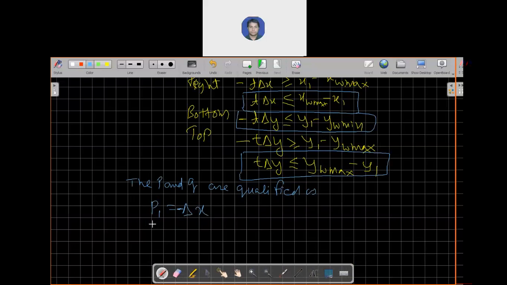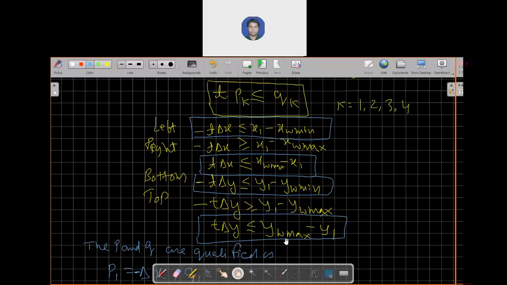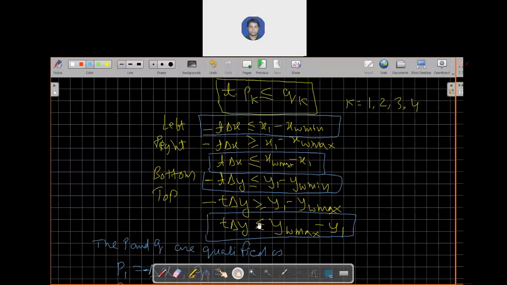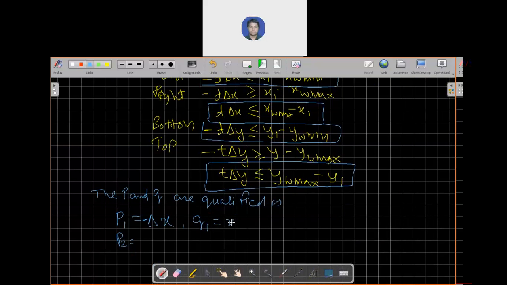Q1 is the remaining term, which is x1 minus xw min.